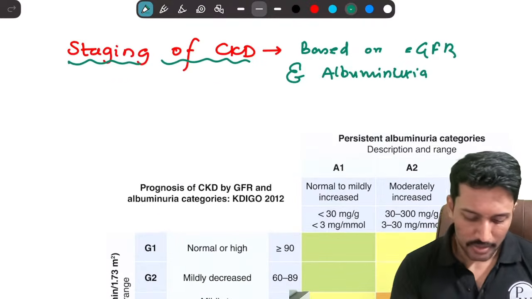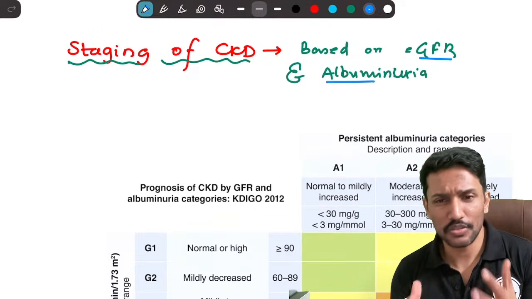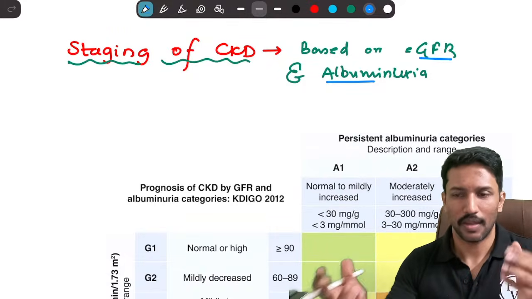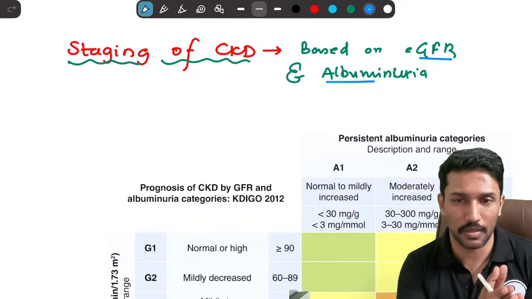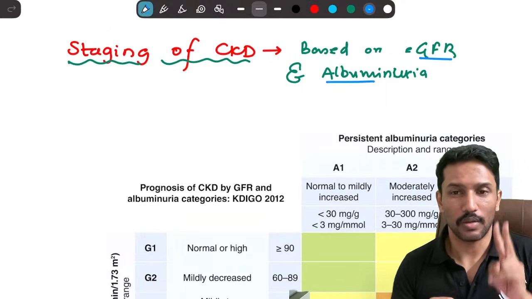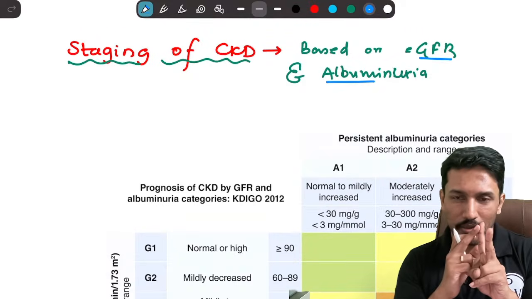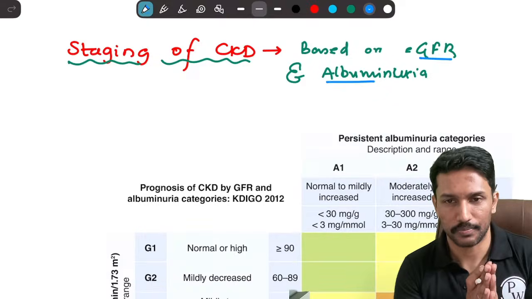So we will have two parameters here. One is estimated GFR, second is albuminuria, and patients of CKD may have both the decrease in GFR as well as protein loss, and both have to be quantified in staging. So whenever we talk about a stage of CKD, the stage is assigned with two numbers or two digits. One talking about what is the current GFR, second talking about what is the status of current proteinuria or albuminuria.